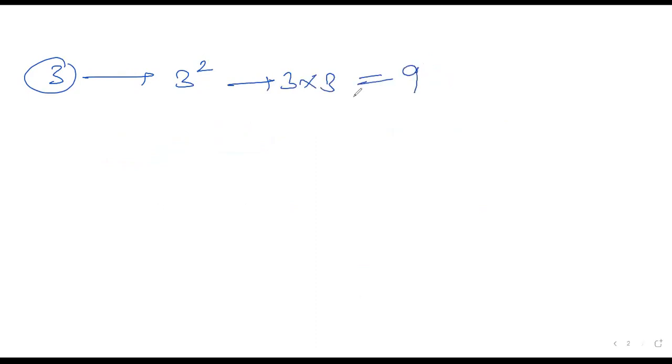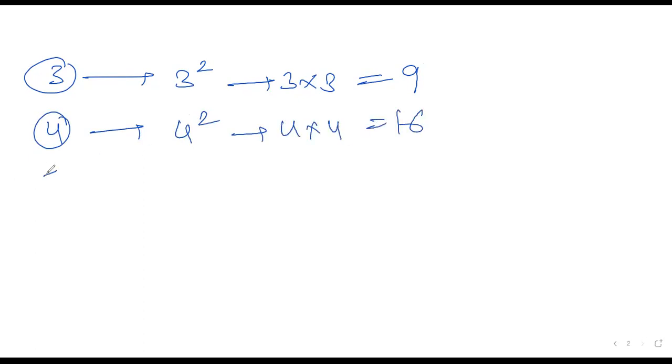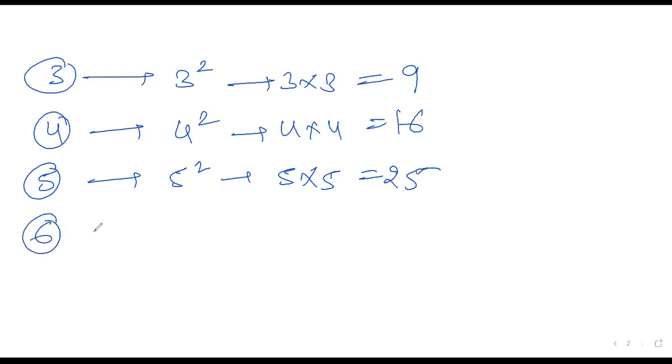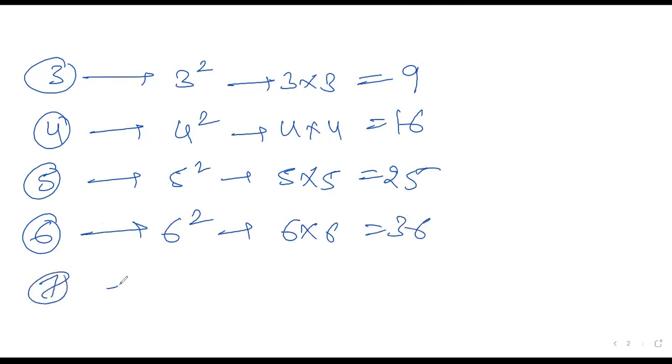The answer is 9. Let us take 4. What is the square of 4? 4 into 4. The answer is 16. 5 square is 5 into 5, we can write 25. Next, take 6. 6 into 6. The answer is 36. Next, 7 square is 7 into 7. The answer is 49.